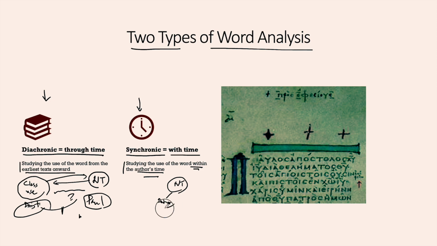So if we're dealing with Paul, we've got lots of material to work with. We can compare a word he uses in Romans to the same word he's using in 1 Corinthians. Although note that even between epistles, words can be used slightly differently, and we have to be aware of that.